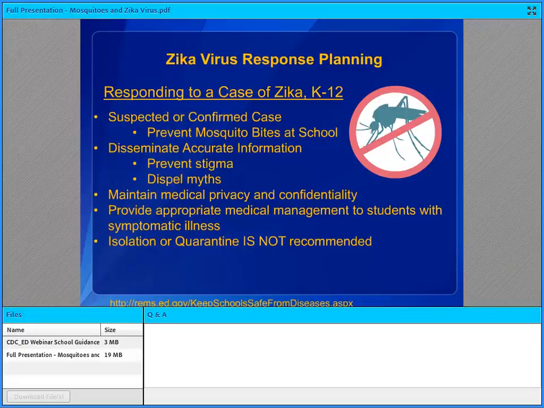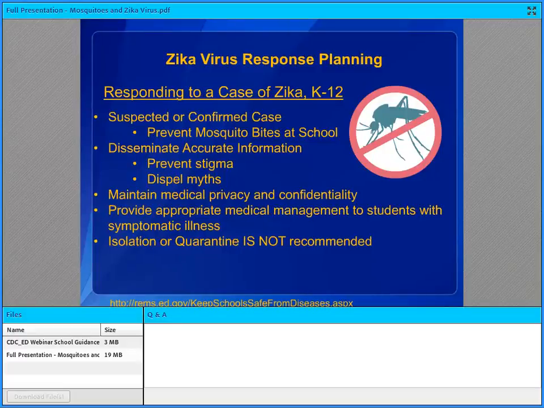Make sure that you disseminate accurate information. Try to dispel myths and rumors. Prevent stigmatization of students that do carry Zika. And this can be done primarily through maintaining medical privacy and confidentiality, as you do with all other medical issues at the schools.